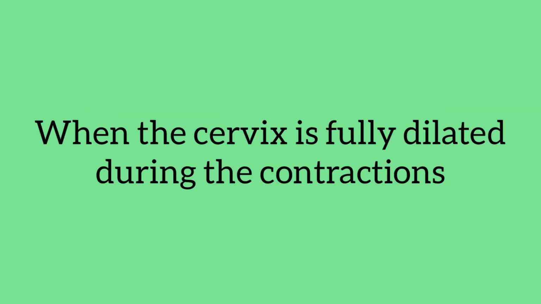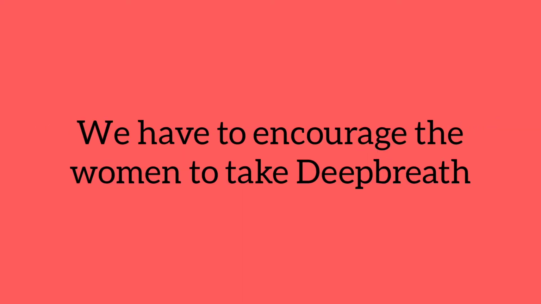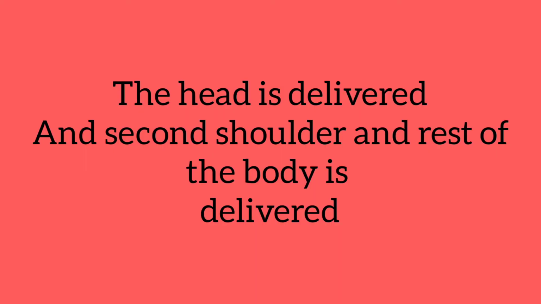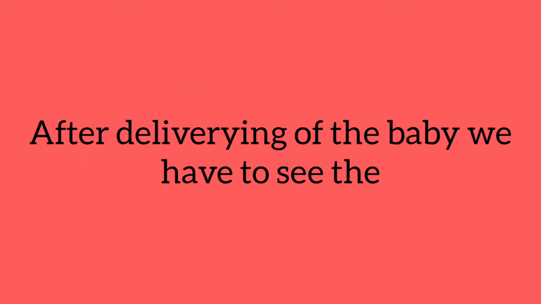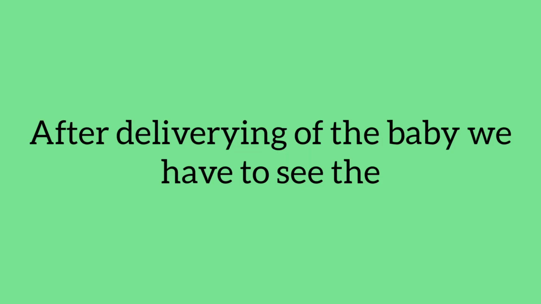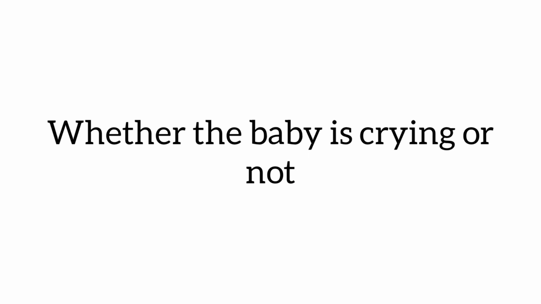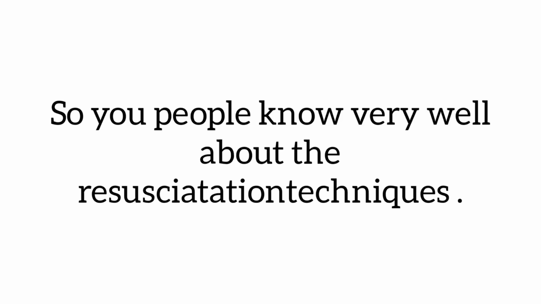When the cervix is fully dilated, during a contraction we have to encourage the woman to take a deep breath and push down. First the head is delivered, and second the shoulders and the rest of the body are delivered. Okay. After delivery of the baby, we have to see whether the baby is crying or not, or whether meconium is present or not. You people know very well about the resuscitation techniques, observation, care and all.